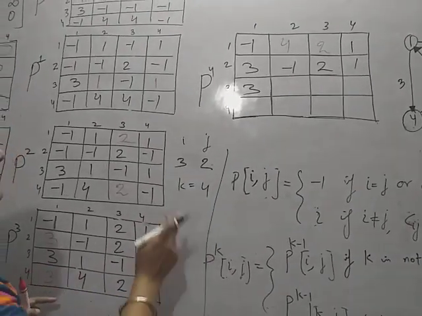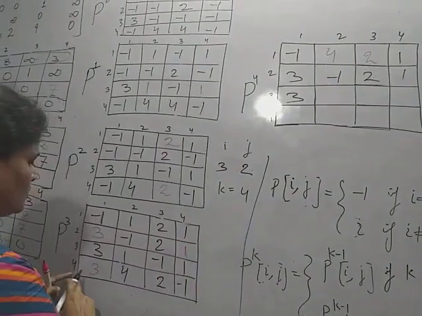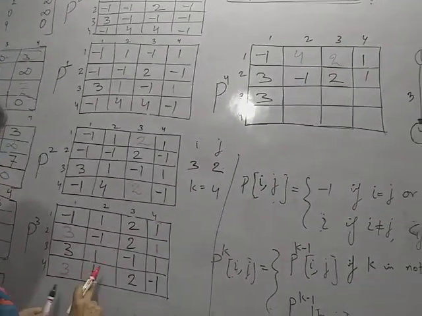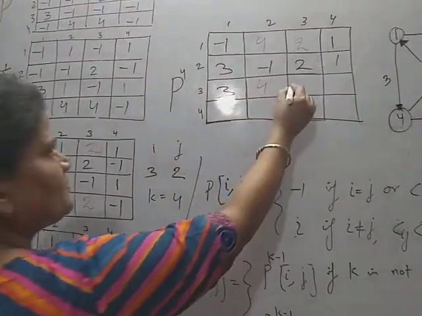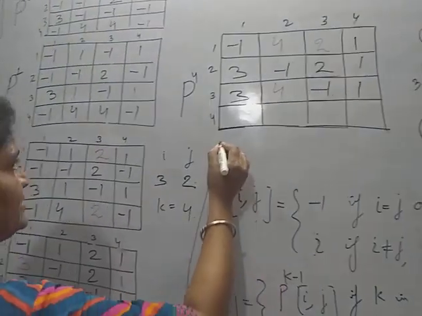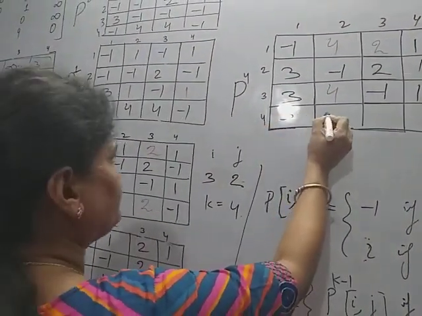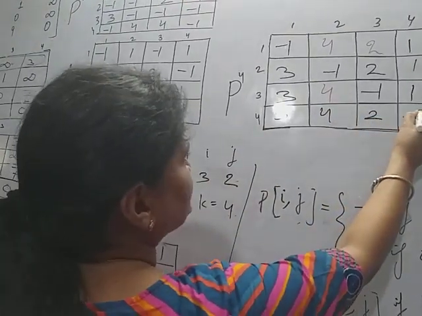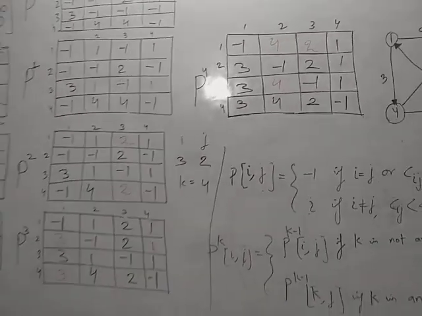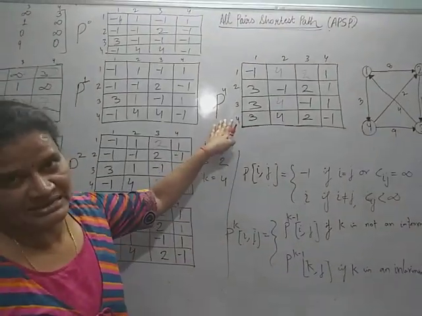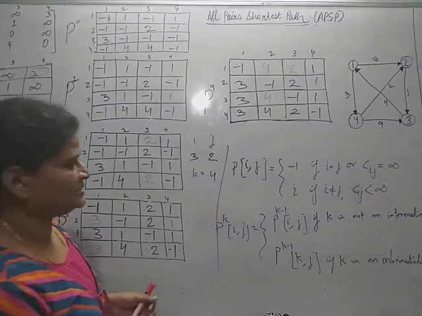So 3, 2 is changed from the previous matrix with the entry 4, 2. 4, 2 is 4. Okay. And then minus 1, 1, 3, 3, 4, 2, minus 1 as no entries are changed. Okay. Now this is the final path matrix and from this I will generate what?